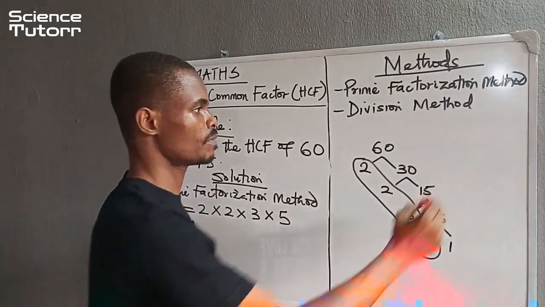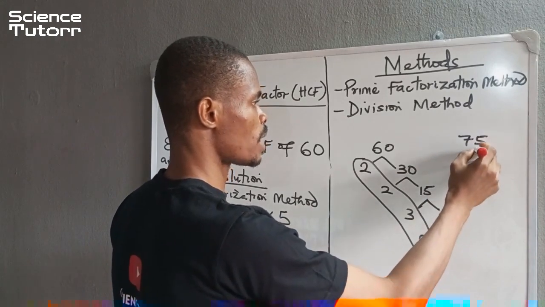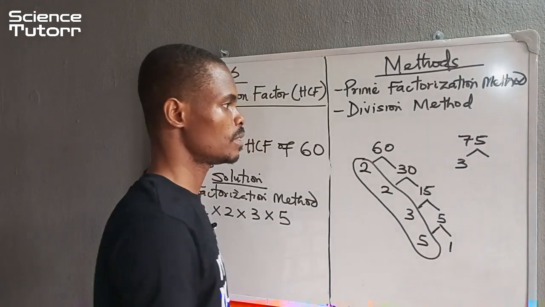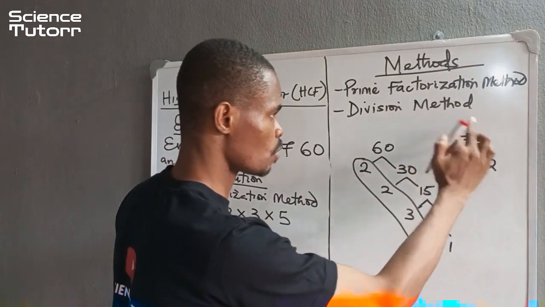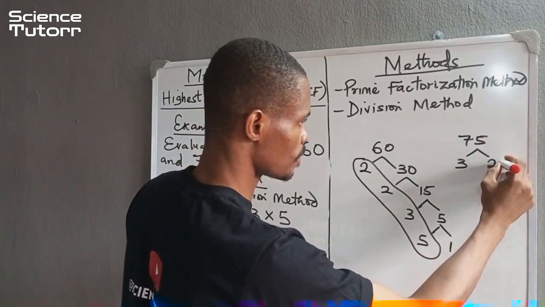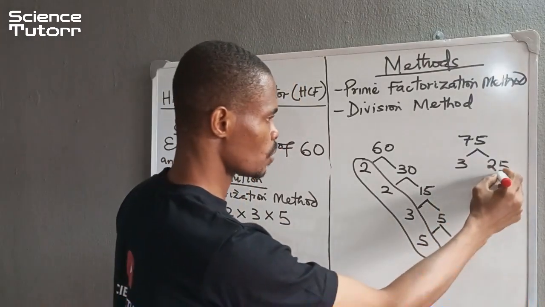For 75, it's an odd number, so 3 can go. 3 in 75 gives us 25, because 3 in 7 is 2, and then 1 in 15 makes 5. So 5 can go.